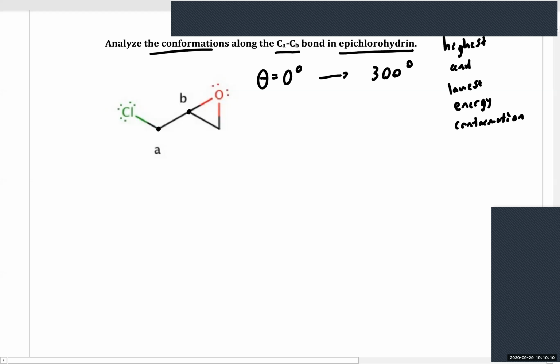And you're probably going to notice when you're making this model that epoxides certainly are quite strained, as you're really going to have to manipulate your model kit to get the epoxide ring to form properly.